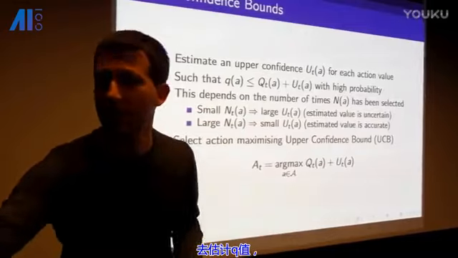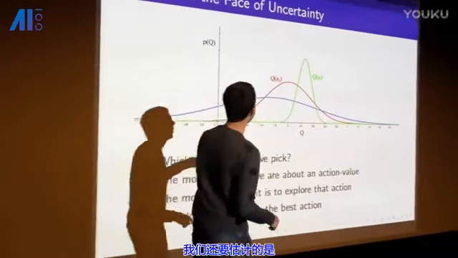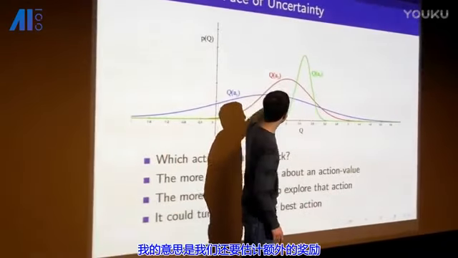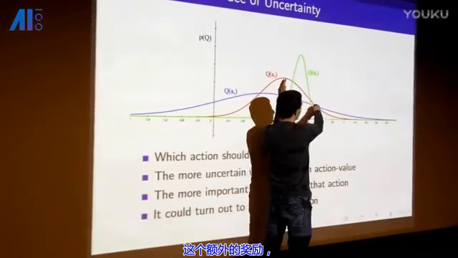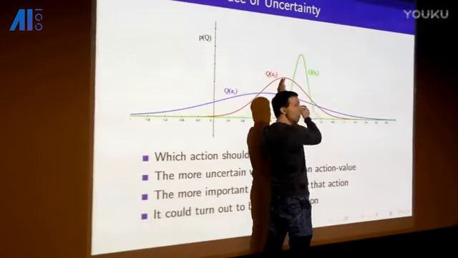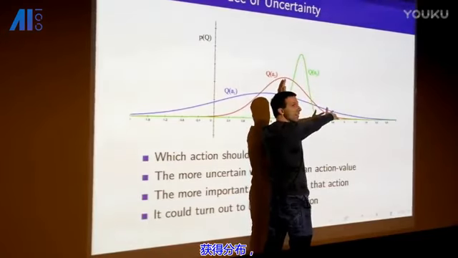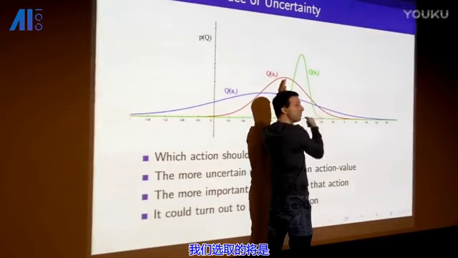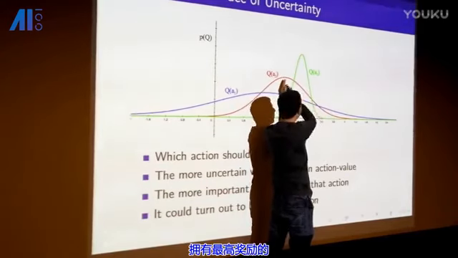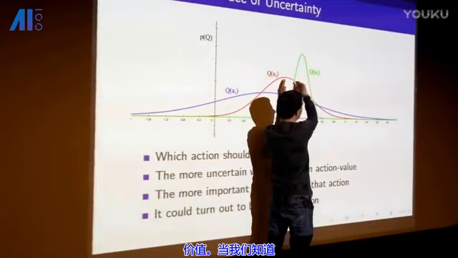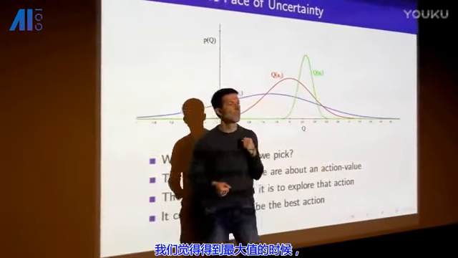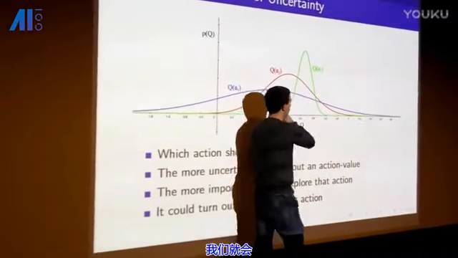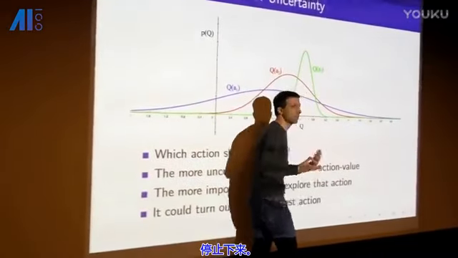So for each of these things, we're not only going to estimate its Q value, its mean, we're also going to add on some bonus which characterizes how big the tail of that distribution is. We're going to pick the thing with the highest sum of Q plus something which tells us about this tail, the thing which, when we sum those 2 things together, gives us the maximum value.